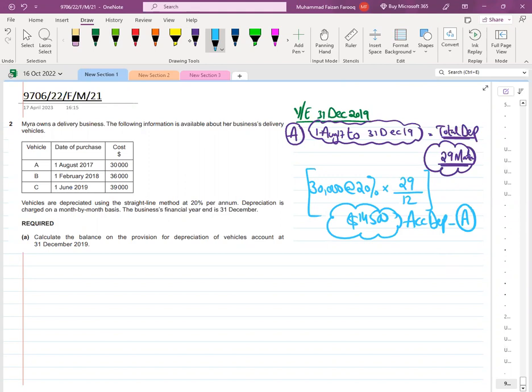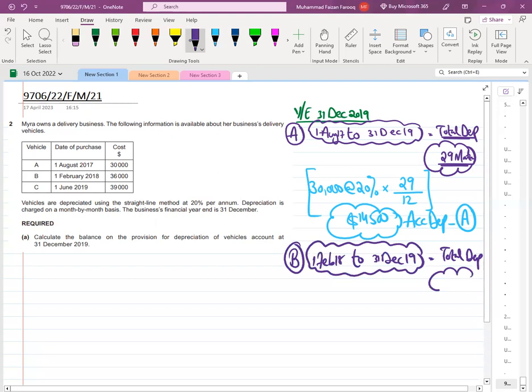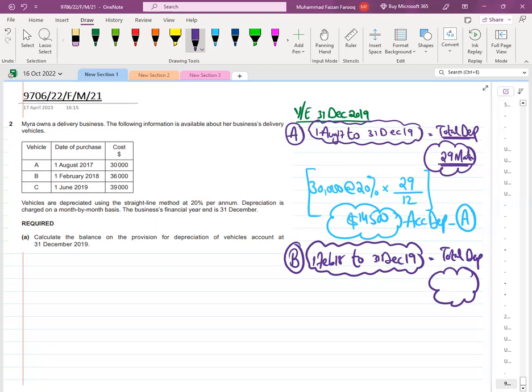Now we will do B. B we bought on 1st of Feb 18 and our year end is December. Please note that if it is a reducing balance method, this shortcut cannot apply. This method can only be applied when there is a straight line method. If it is a reducing balance method, we have to do year by year, as we did some time back, remember?